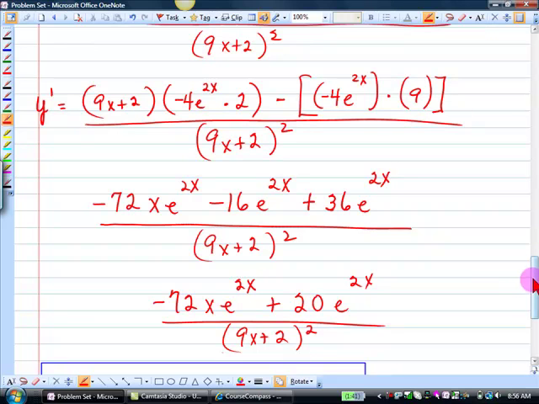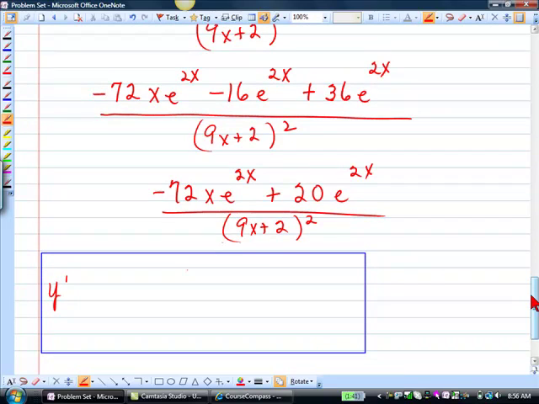All right, is there anything else that I could do to this top part? Do you see some common things in there? In 72 and 20, is there a number I could factor out? 2? How about 4? I think 4 is probably it that we could take out.